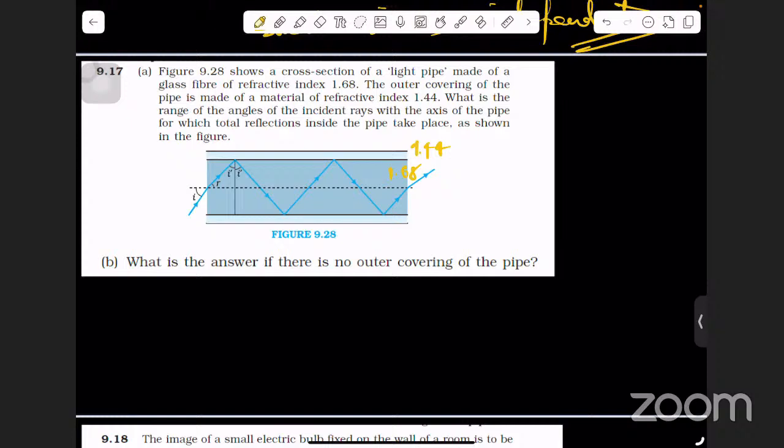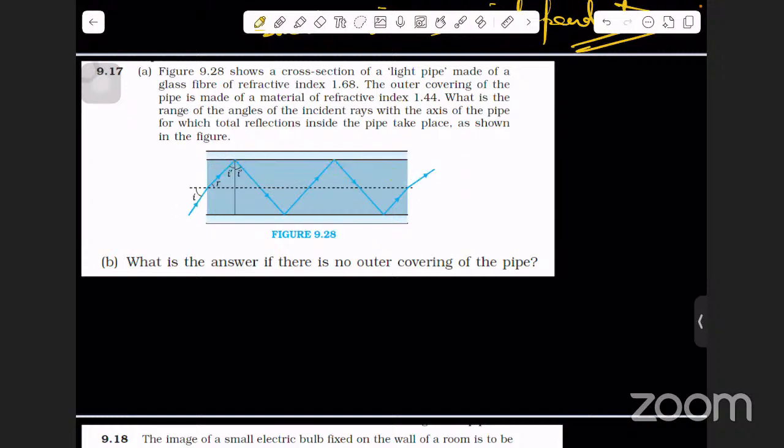What is the range of angles of the incident rays with the axis of the pipe? That is, it's asking this I, for which total internal reflection inside the pipe takes place. Here, at this point, TIR takes place.